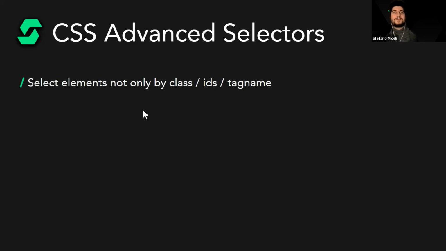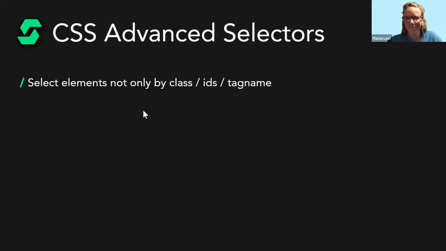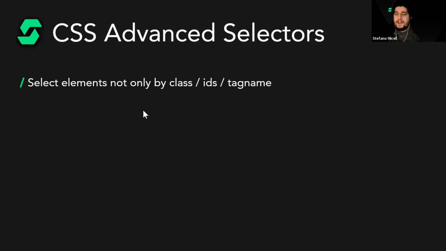So what about advanced CSS? We need to be able to select elements not only by class, IDs and tag names. Okay, we need another way. And this other way will come in handy whenever you dive into JavaScript. Those selectors can also be used via JavaScript to select something which you may not have control of.